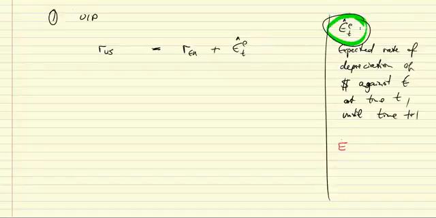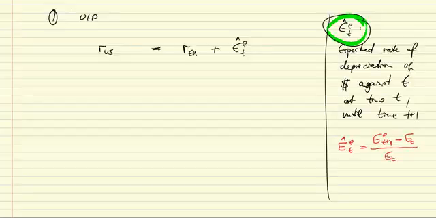So E hat ET is E t plus 1 minus ET divided by ET.